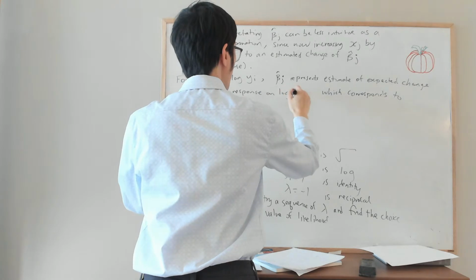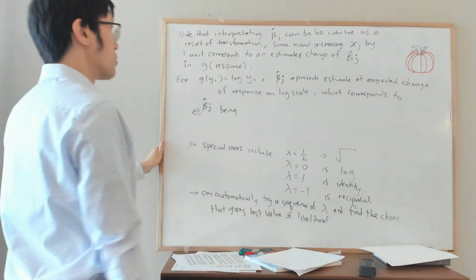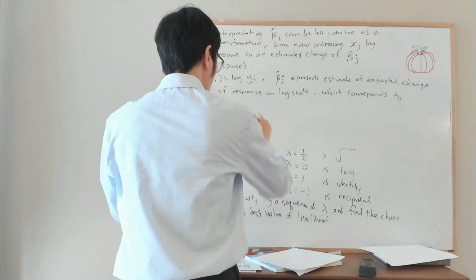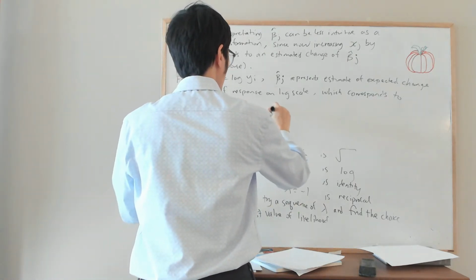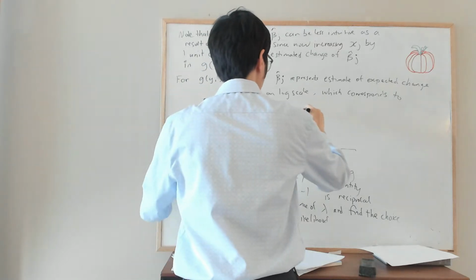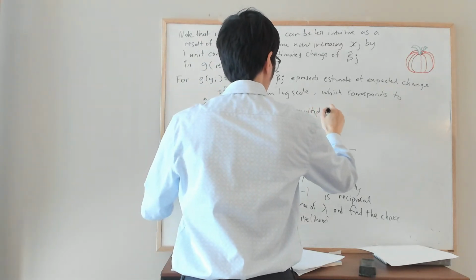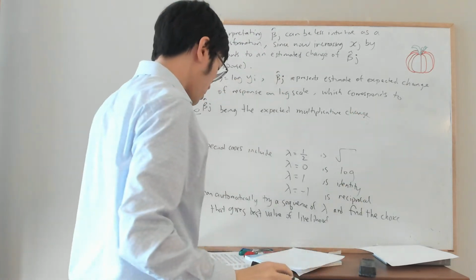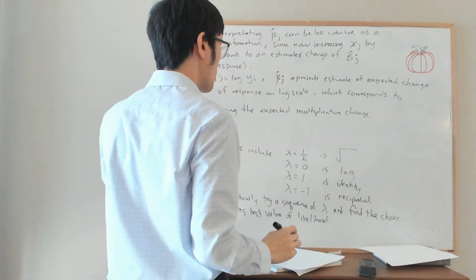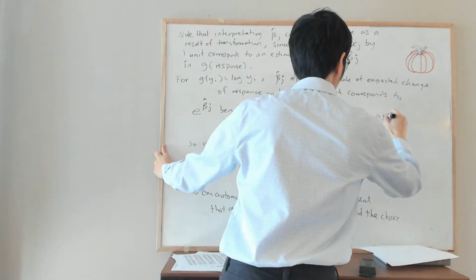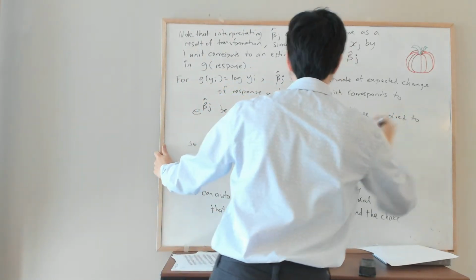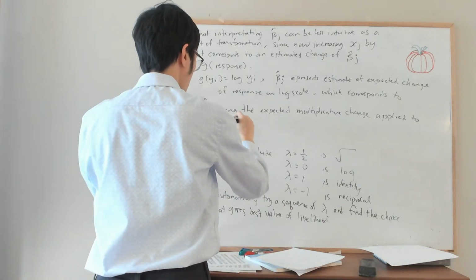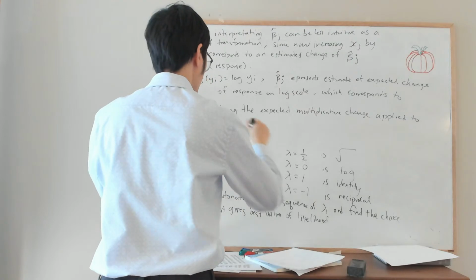On the log scale, e to the beta hat j is the expected multiplicative change applied to the response on the original scale.